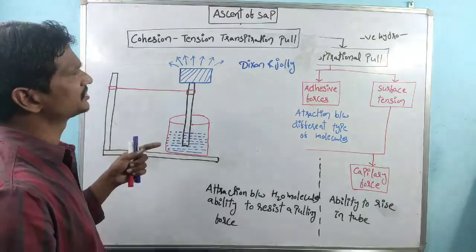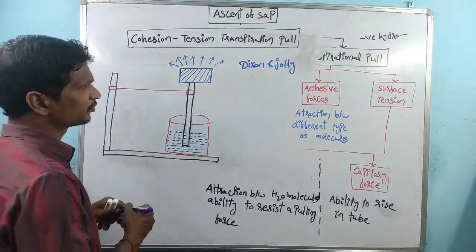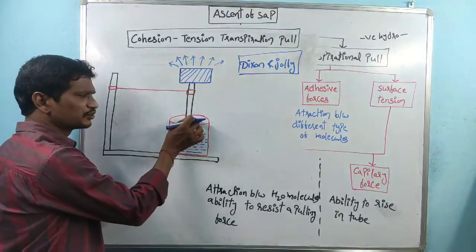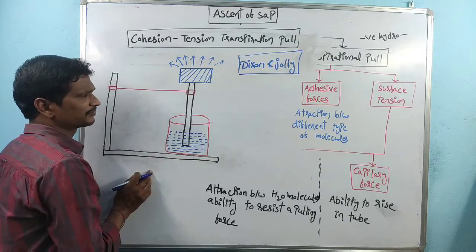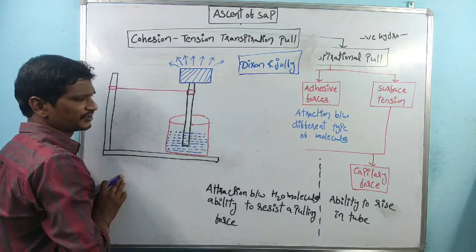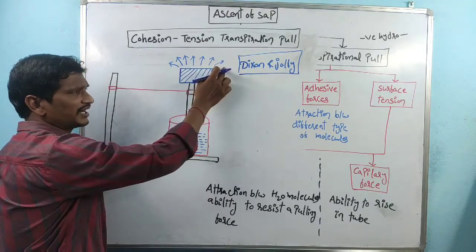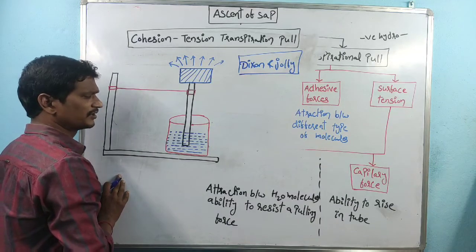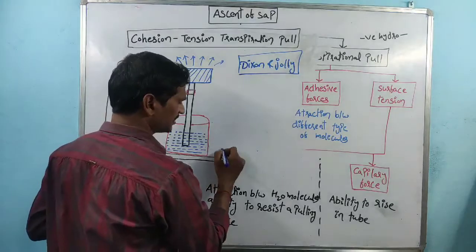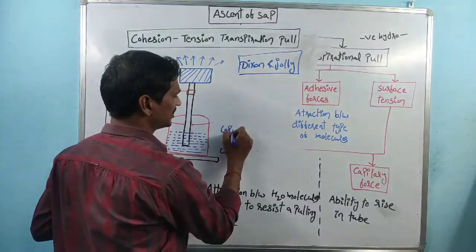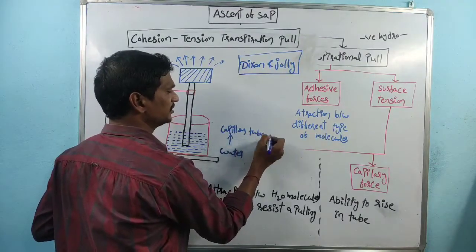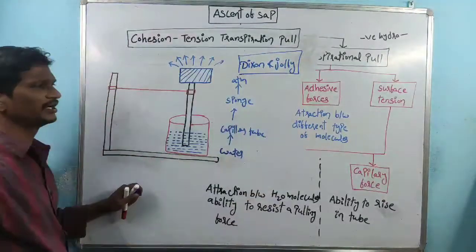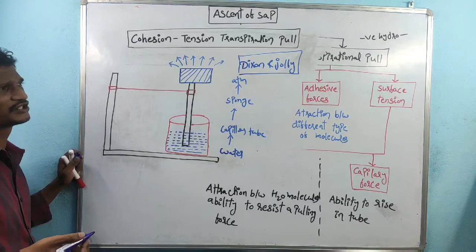The next experiment is the cohesion tension transpirational pull experiment, conducted by Dixon and Jolly. Here a capillary tube is taken, and a beaker contains water. One end of the capillary tube is connected to a sponge. The atmosphere acts on the sponge, and the water in the sponge evaporates. The water from the beaker enters the capillary tube, then the sponge, then the atmosphere. This is one of the evidences for the transpirational pull mechanism.